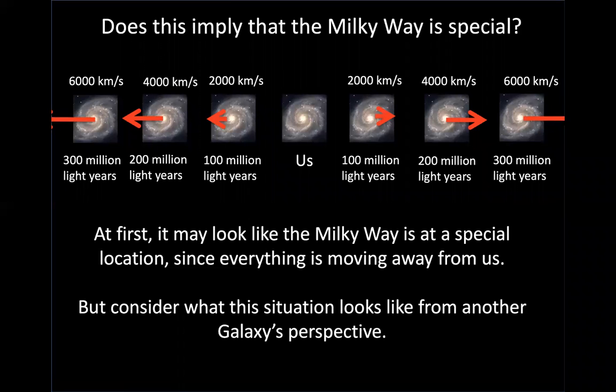This would violate the Copernican principle, the idea that we're not at a particularly special place. Since there are many galaxies similar to the Milky Way, why is this one special? However, in practice, this is not the issue. It's not that this trend implies that we specifically are special. If we instead consider the perspective of someone in, say, this galaxy here, which is moving relative to us, we can actually see they will have a very similar experience.